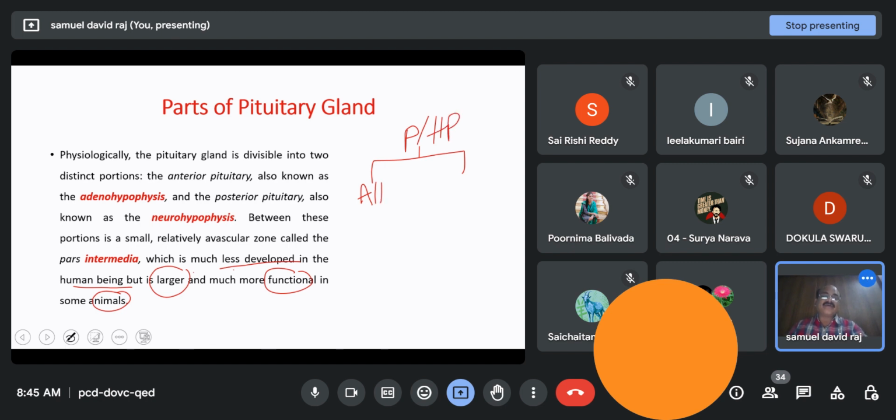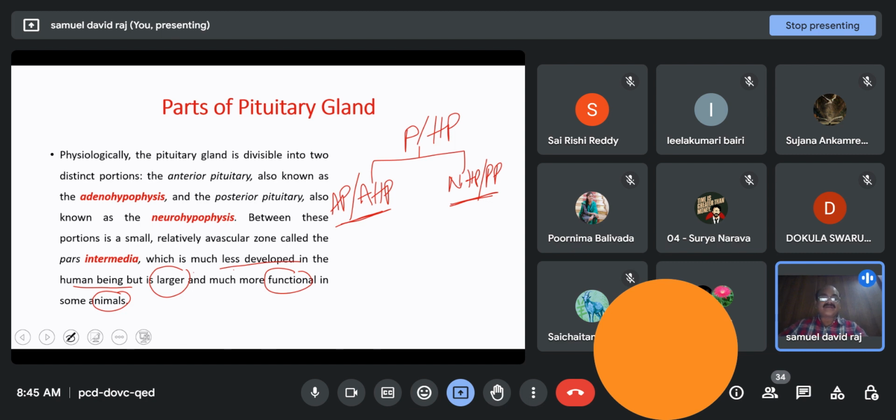So, it is adenohypophysis or anterior pituitary, and neurohypophysis or posterior pituitary. Anterior pituitary originates from Rathke's pouch of the roof of the buccal cavity or pharyngeal epithelium, whatever it may be. Neurohypophysis, as the name implies, arises from the neural downgrowth of the diencephalon.